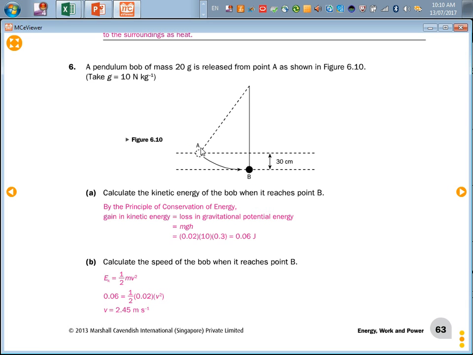At point A, it only has gravitational potential energy. So, our gain in kinetic energy will be the loss in the gravitational potential energy, which is mgh. And that will be 0.06 joules.